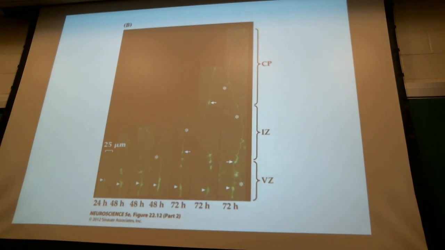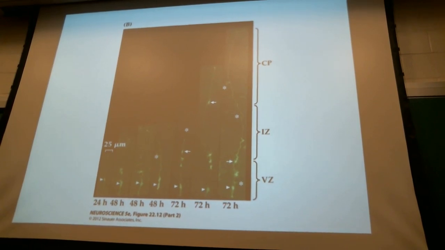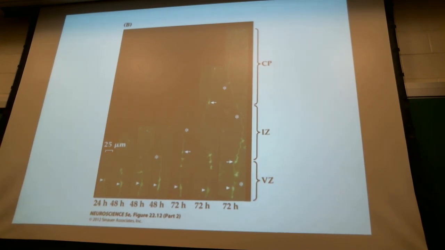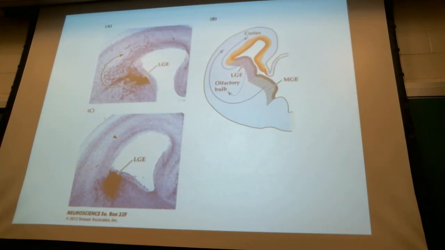They couldn't tell where those neurons came from. So they were thinking, maybe sometimes they just fall off. Maybe. And it took a long time for them to figure out what those neurons were. It turned out those neurons are coming from very far away. They come from the ganglionic eminence.